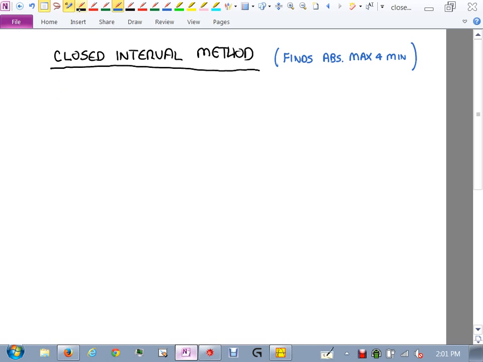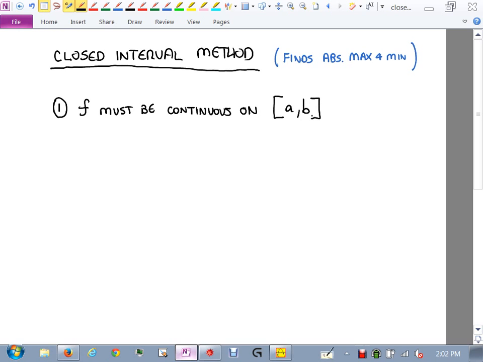The first thing we need is to make sure that f is continuous on a closed interval [a, b].